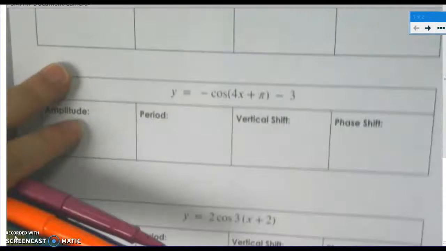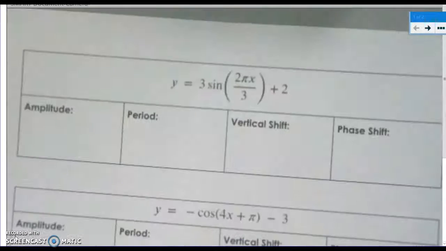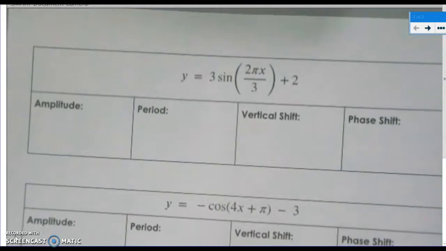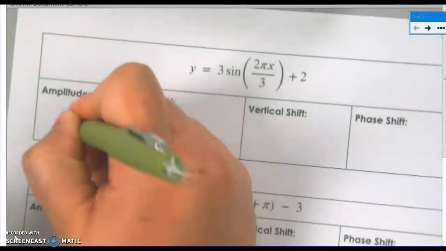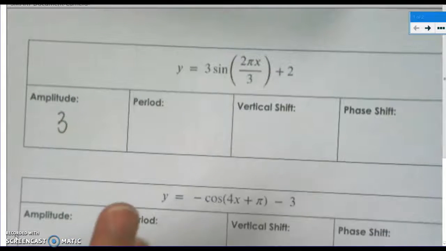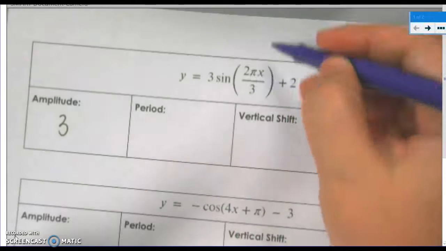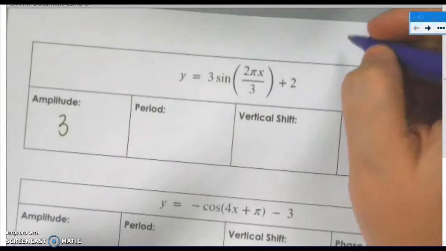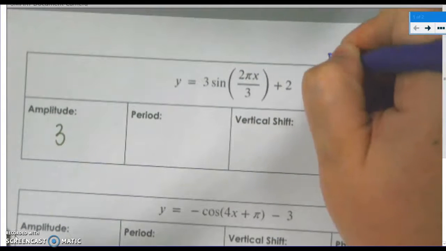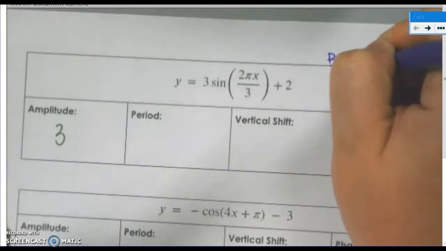All right, the equations. My amplitude is 3. B is 2 pi over 3. There's no phase shift for this one because there's nothing in the parentheses with x. So B is equal to 2 pi over 3.